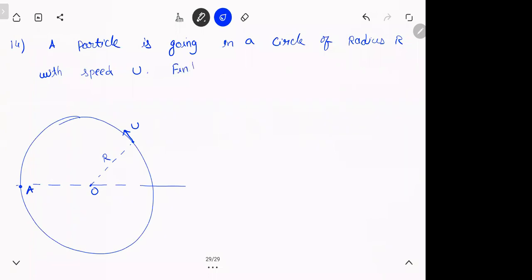Find the angular velocity of the particle as seen from O and A. A is a point on the circumference.